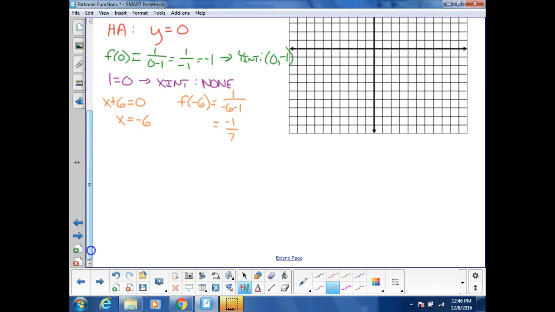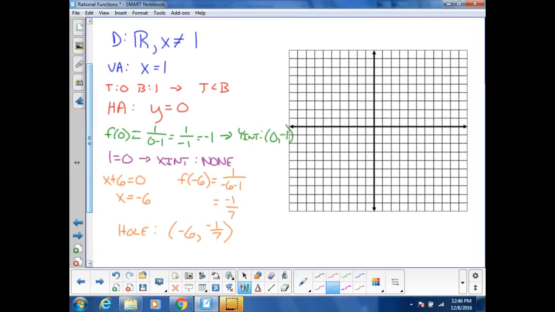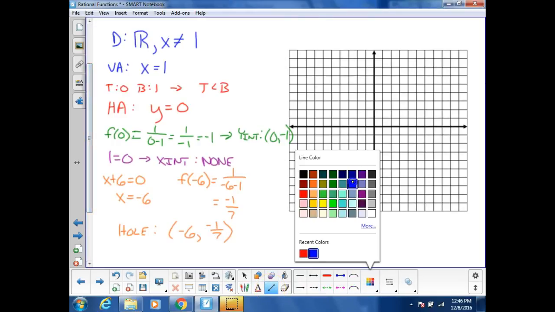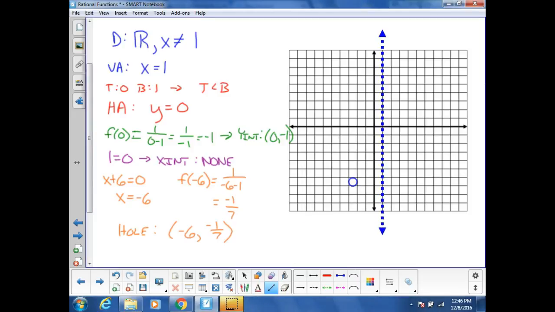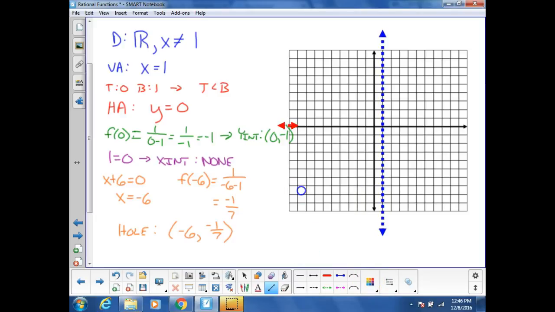So the hole is at negative 6, comma, negative 1/7. x equals 1. y equals 0.